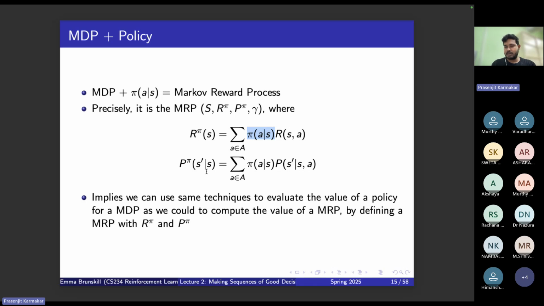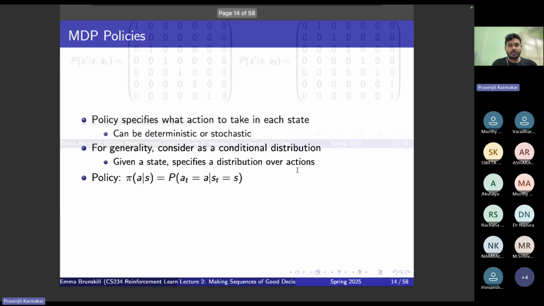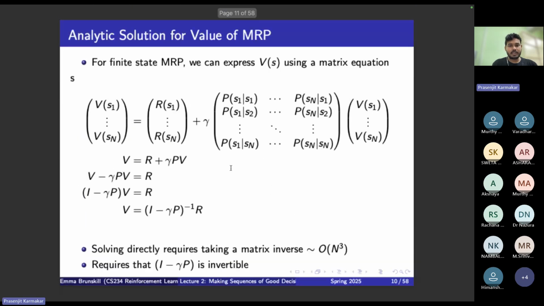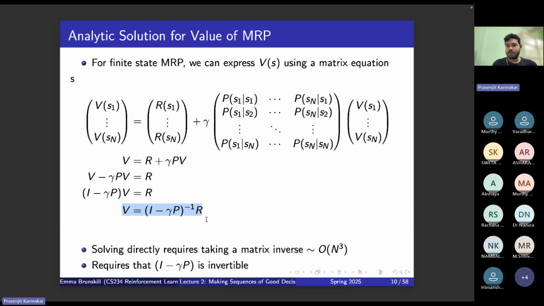Because the state actions are defined, the state transitions will also be defined, right? You are not choosing between actions anymore. You define that, okay, I will take action one all the time. By this rule you can cast a Markov decision process into a Markov reward process. And earlier we can compute this value by this equation for a Markov reward process.